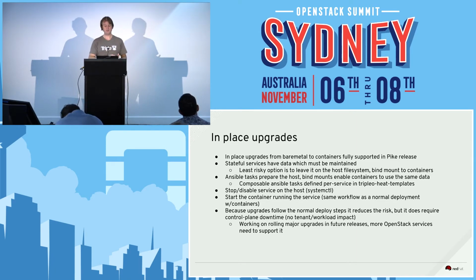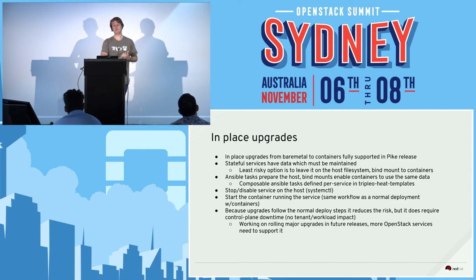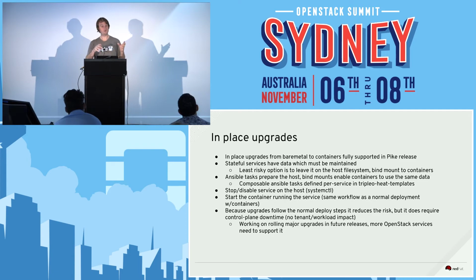We shut down the service on the bare metal and disable it, and then we have some Ansible tasks that make some bind mounts and directories on the host file system, and then we run through the normal deploy steps, which is basically the same Ansible-based orchestration that we use to deploy the containers on a greenfield deployment. We also use this during a major upgrade.